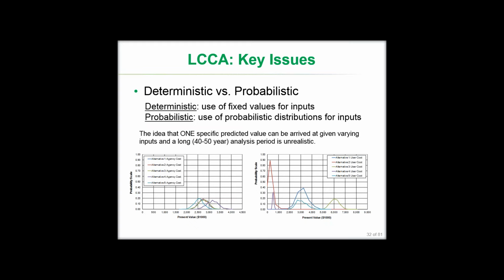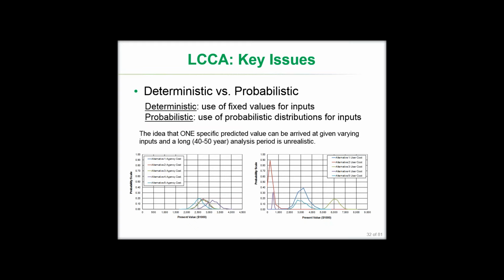In fact, sometimes being large enough to be much larger than the agency cost for a particular project. And then finally, life cycle cost analysis. There are basically two fundamental ways that this document talks about doing it, which would be deterministic versus a probabilistic approach. So deterministic approach uses fixed values for all the inputs and basically gives you one number and says, boom, here's the cost.